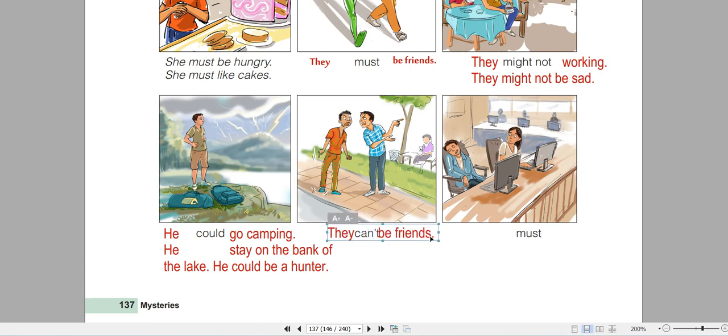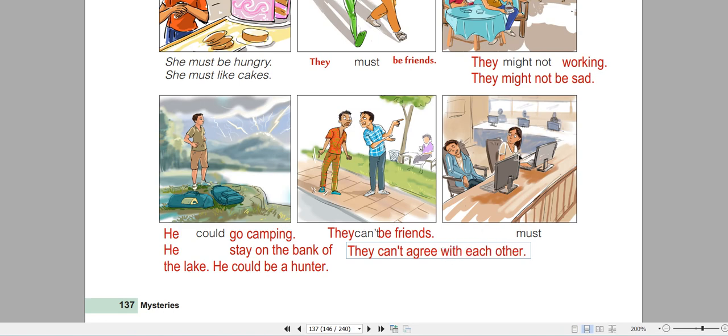They can go somewhere together, or they can agree with each other. They can agree with each other.